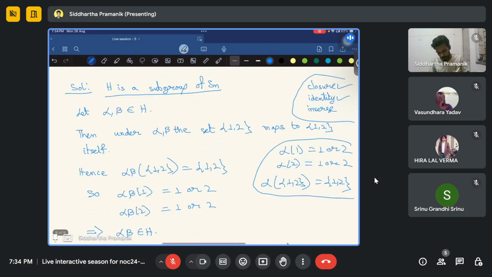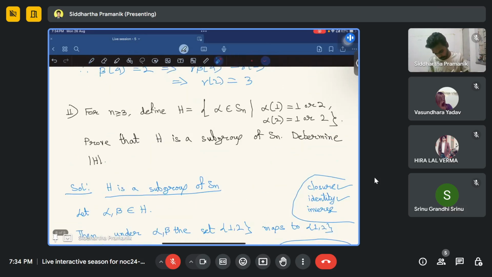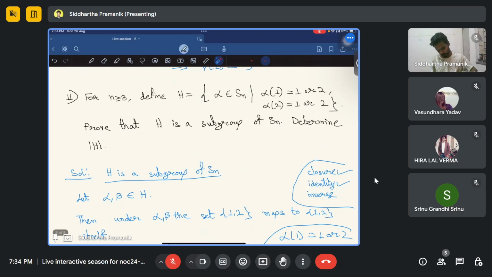So we have proved the first part of this problem. The second part is the order of H. What is the order of H? So can you do it? Can you determine what is the order of H? Just try for a few moments. It is just a basic counting problem. Just try it for a few minutes.